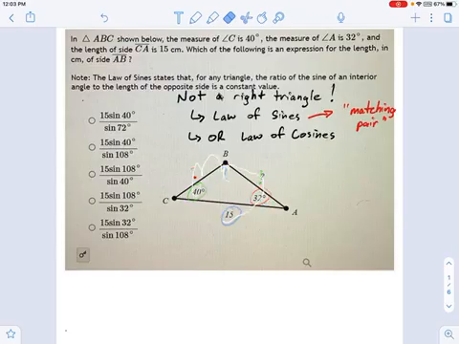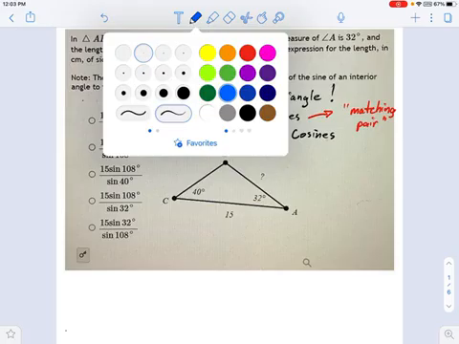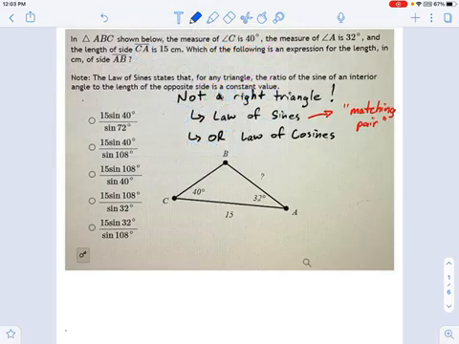But if you take a closer look, you'll realize that even though I don't have any matching pairs, I can get one awfully easily. See this angle right here, B? I know the other two angles. So B should be equal to 180 minus those other two angles. Remember, they all have to add up to 180. So this is how you can figure out a missing angle if you have two of them already.